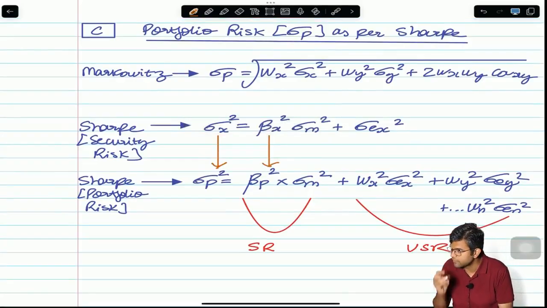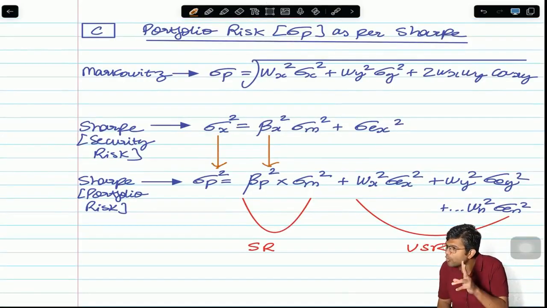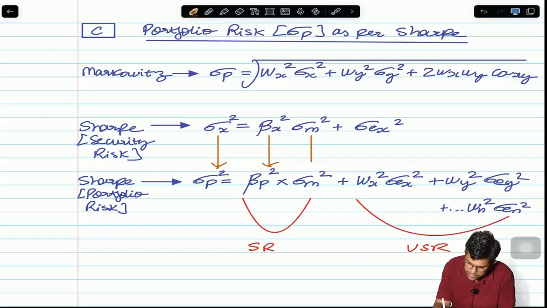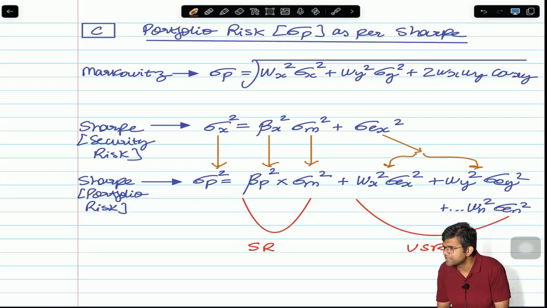Instead of security beta, we now have portfolio beta. Sigma m square remains sigma m square, and sigma ex square will become the weighted average: wx into sigma ex plus wy into sigma ey. Basically weighted average.